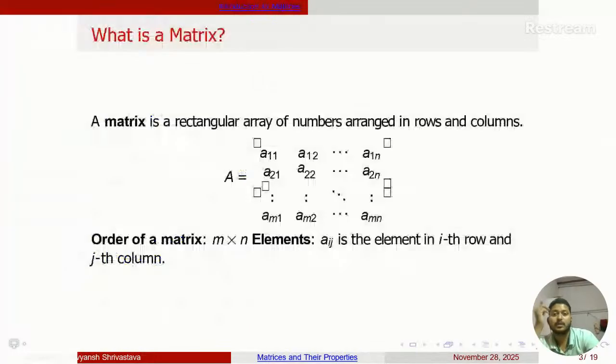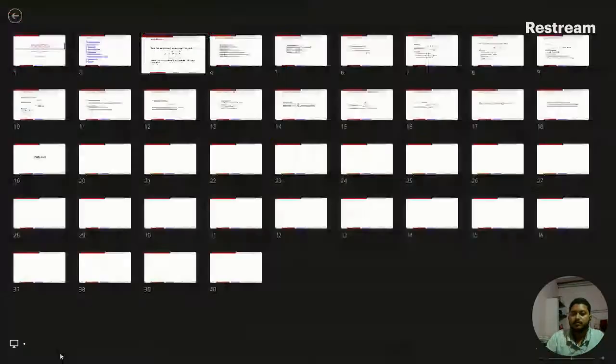There is some error because I pasted all the content using LaTeX code, so not a problem. First of all, I will talk about matrices.